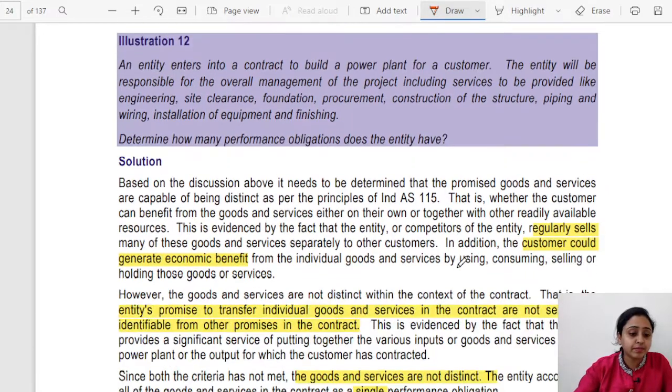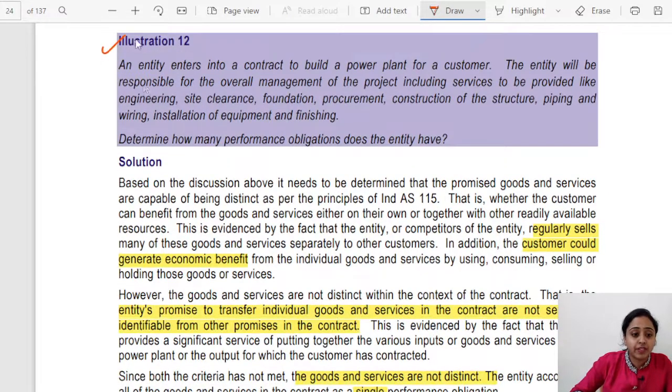Illustration number 12. An entity enters into a contract to build a power plant for a customer. The entity will be responsible for overall management of the project, including services like engineering, site clearance, foundation, procurement, construction of the structure, piping and wiring, installation of equipment and finishing.